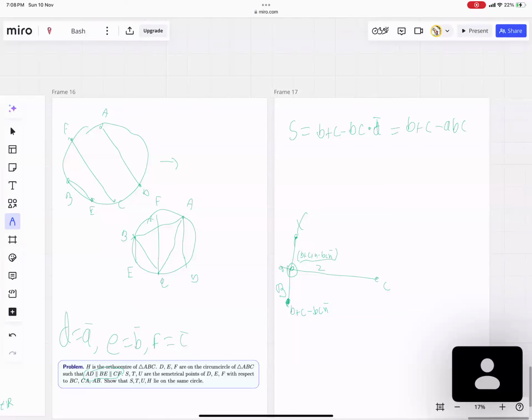Yes. And now we find the others similarly. So T ends up being C plus A minus ABC, and U is equal to A plus B minus ABC. Okay?